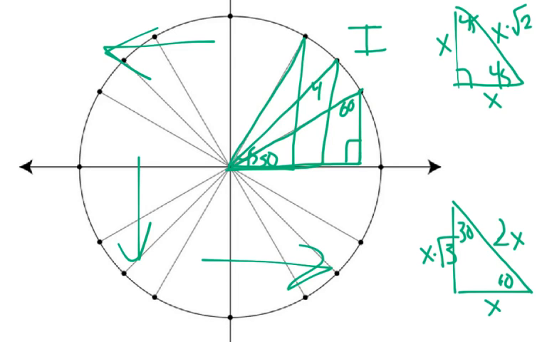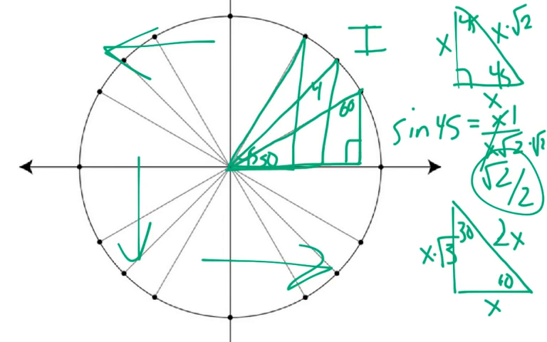Okay? So these reference angles, these special angles that we have, we know the exact values of those trig ratios. You probably talked about it in class, like the sine of 45 degrees is always going to be opposite over hypotenuse, so it would be always x over x root 2, and those would cancel, and then you'd get 1 over square root of 2, and then you times by square root of 2 over 2, so you get square root of 2 over 2 for your answer.